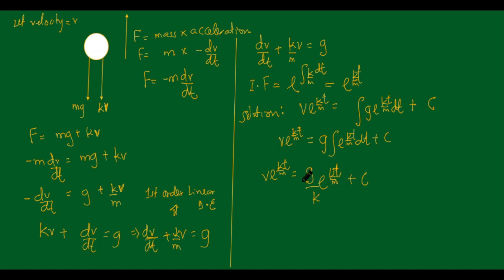Then this will be gm over k, because 1 divided by k over m is going to give us m over k. So we write this properly. E raised to the power kt over m is equal to, sorry, minus g. So a minus sign is missing here.